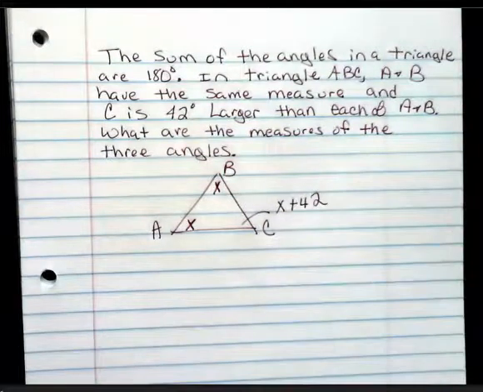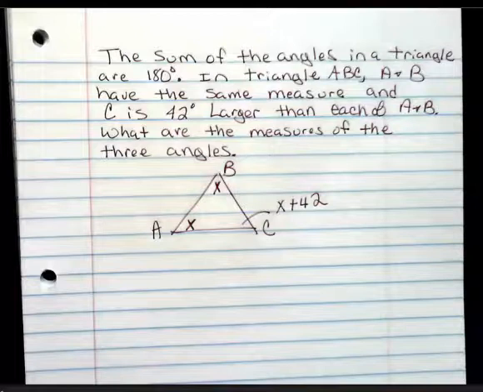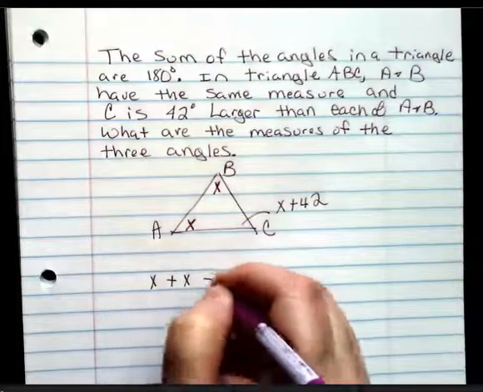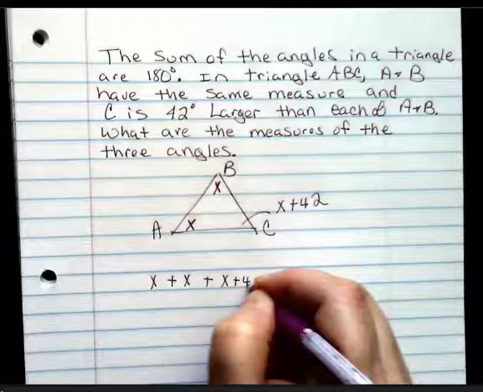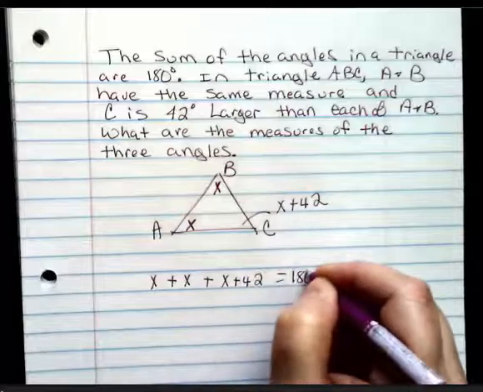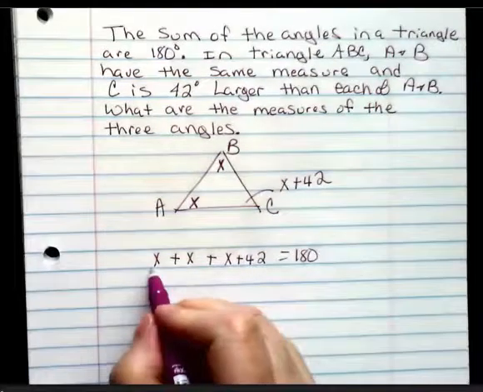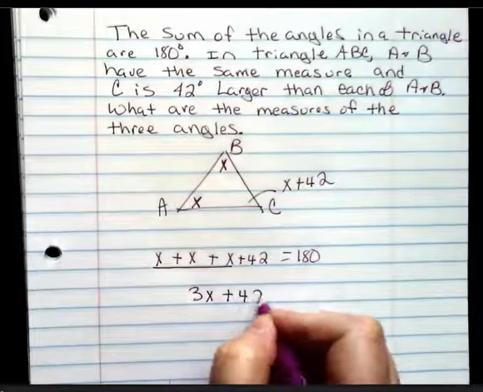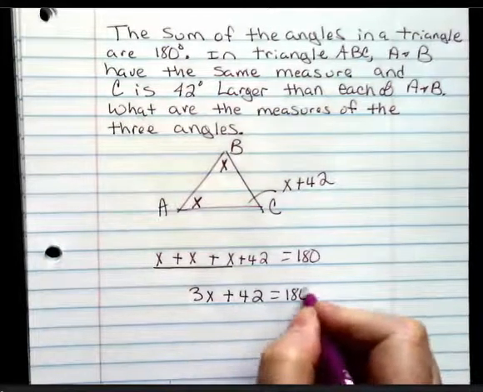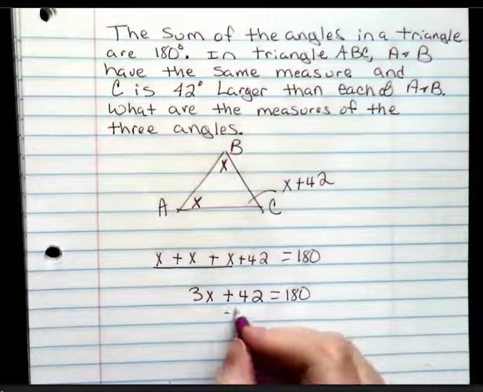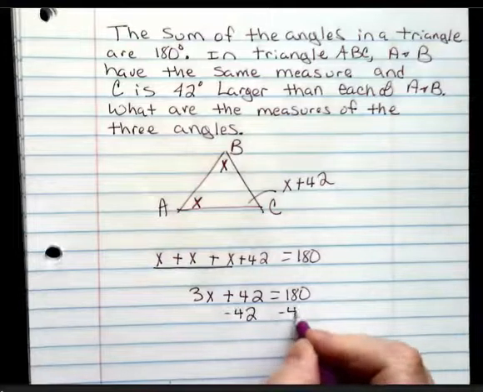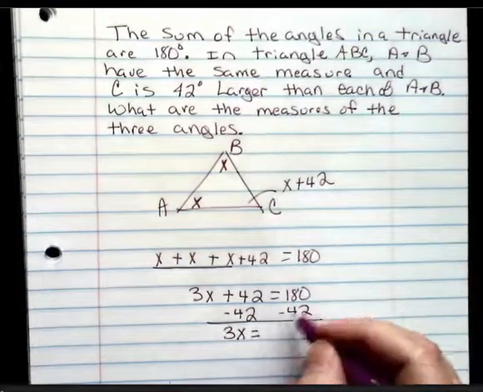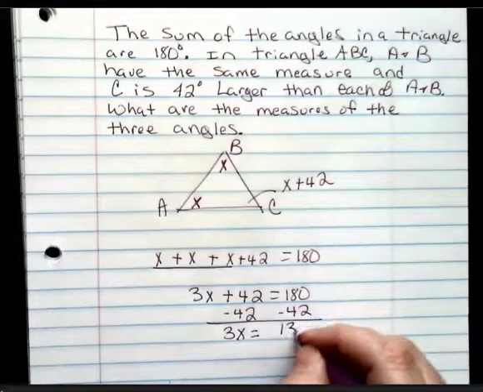Now what do we know about all three? They all three add up to 180. So x plus x plus x plus 42 equals 180. So now x plus x plus x is 3x plus 42 equals 180. Subtract 42 from both sides. 180 minus 42 is 138.